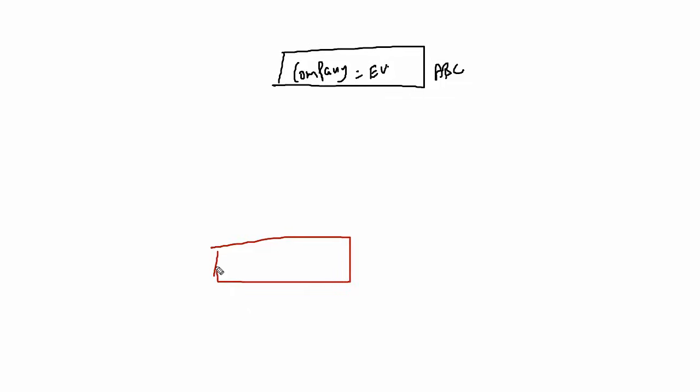So the summary is that we have a company here, which is based out of the EU. The name of the company is ABC. And then we have a company in India, where we have people, we have a process, and we have technology.